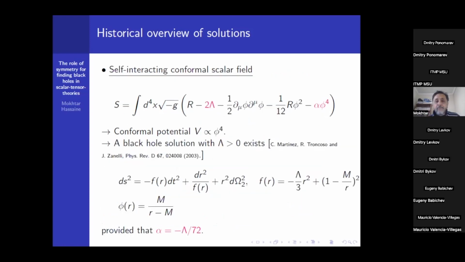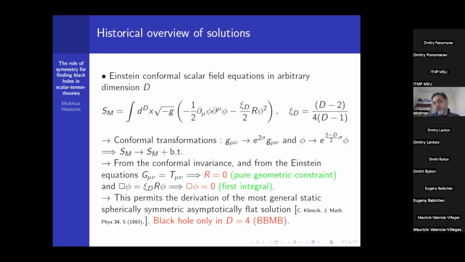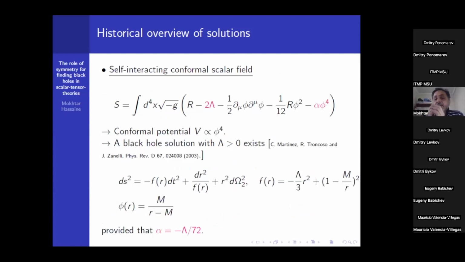Since the conformal invariance plays a very interesting role, and helps a lot in the derivation or in the establishment of a uniqueness theorem, a simple way to keep the conformal invariance is to add a self-interacting potential, that is phi to the 4 with some coupling.